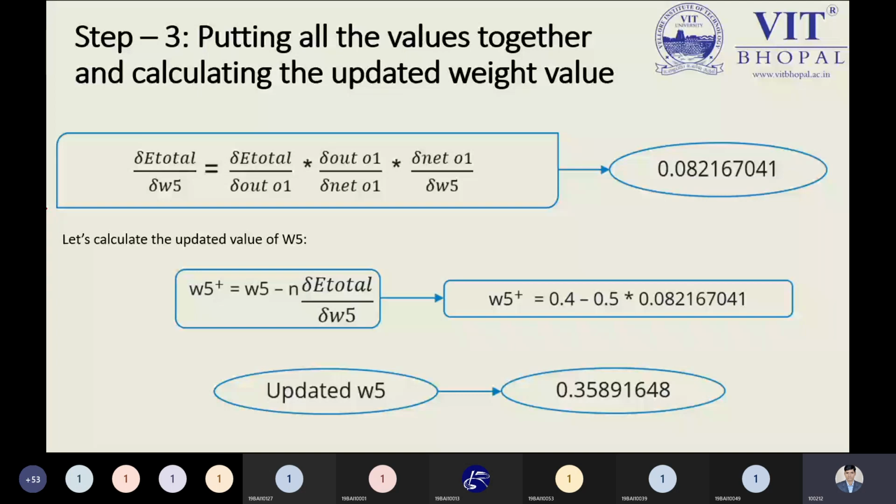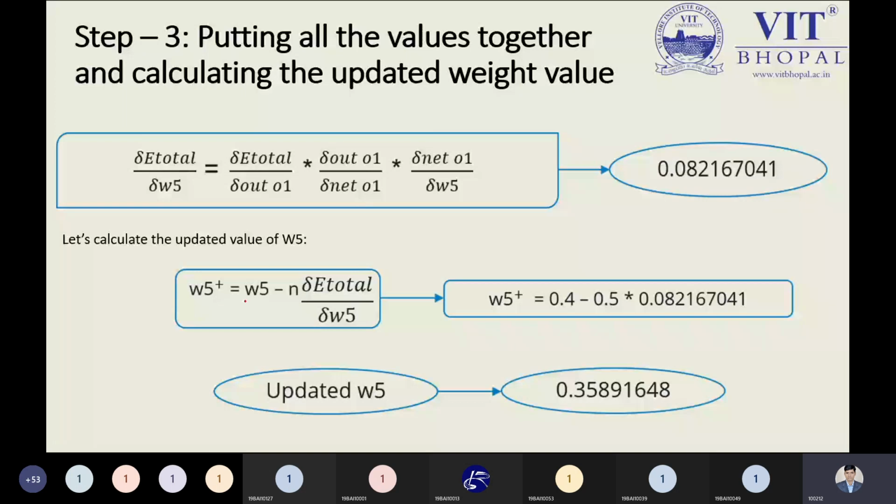That is, we will get the value 0.082160. So this is the partial derivative value. But the updated value can be obtained via an important aspect. Just listen and note this down in your mind.